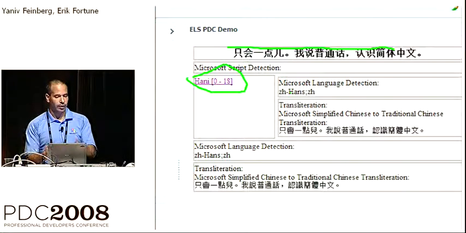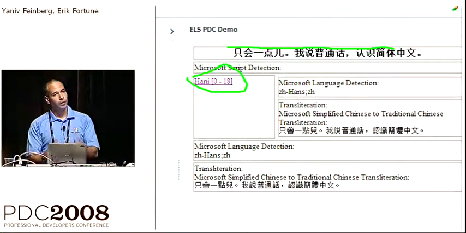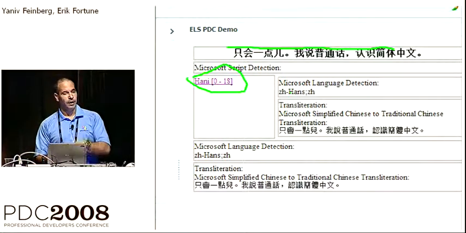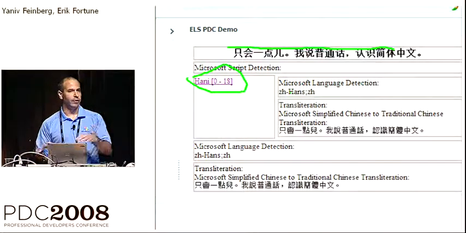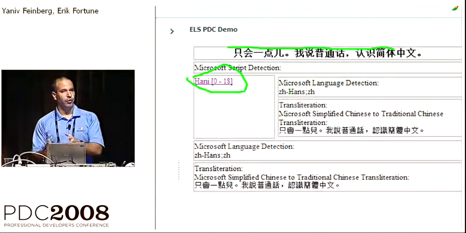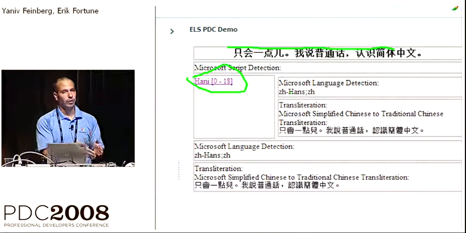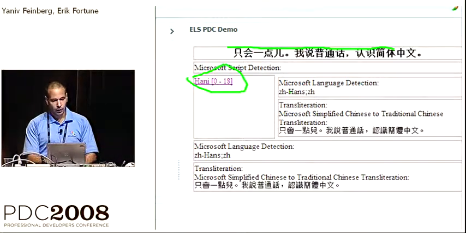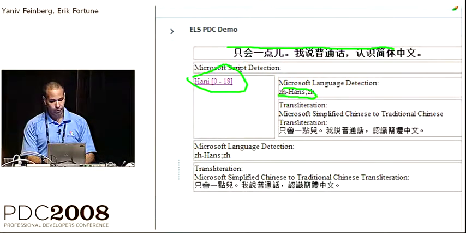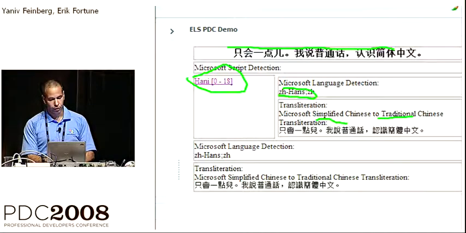Much in the same way, for example, in our tool, if you pass to us Cyrillic, we'll do a similar mapping, and we'll go from Cyrillic to Latin, just because we can. So it's just another way to do the chaining between script detection and language detection. As you can see here, we detected that the script is simplified, and therefore we called the simplified to traditional Chinese.